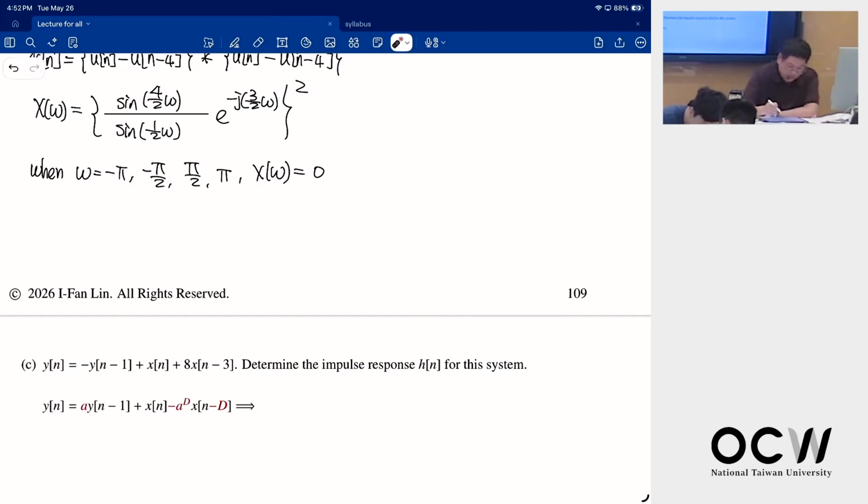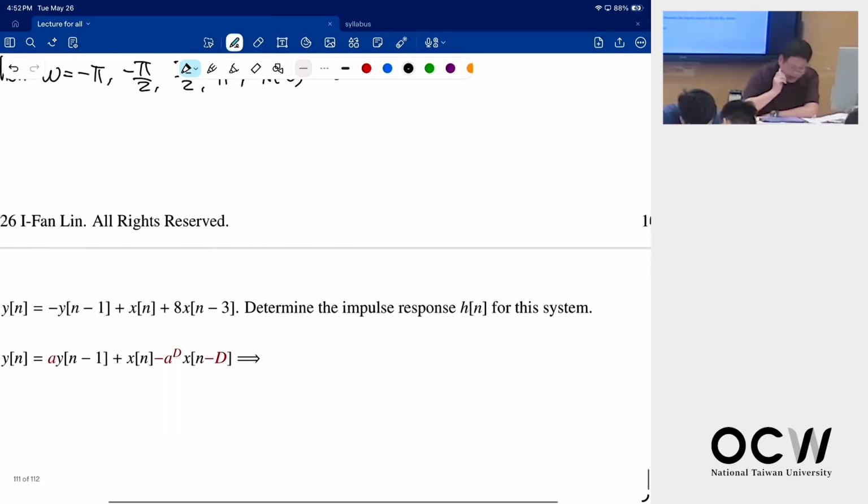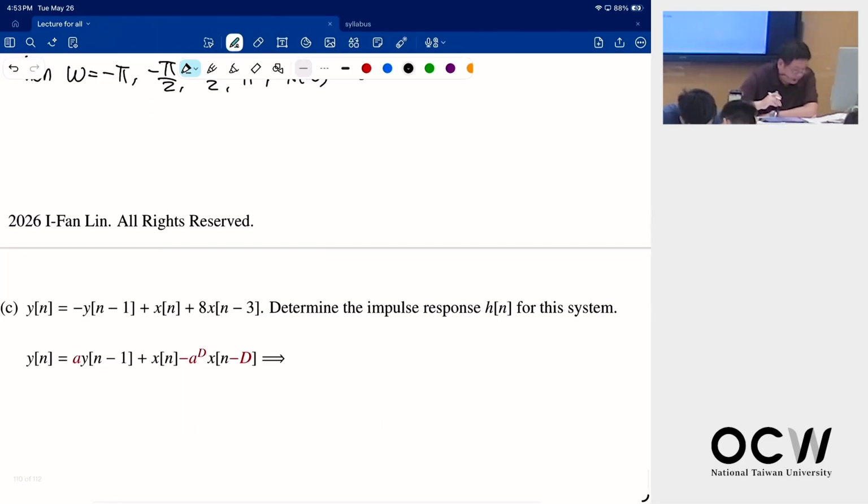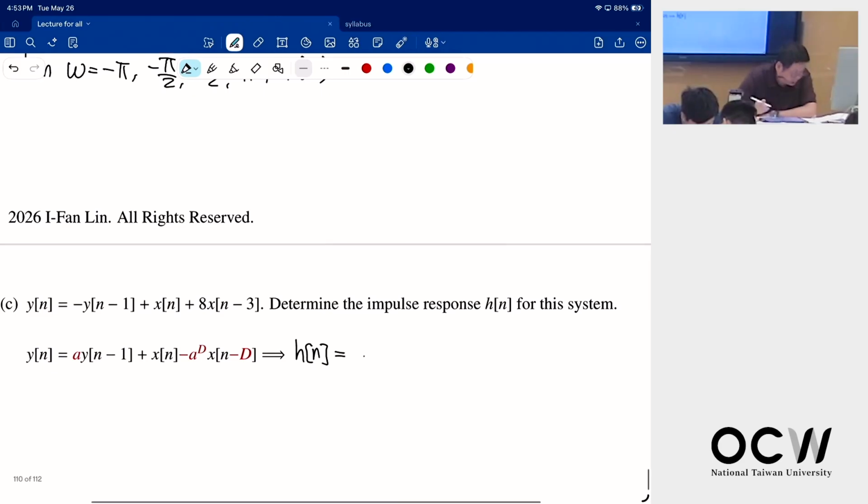If I have the difference equation like that, later on you will see that your impulse response is a to the n, unit step function.